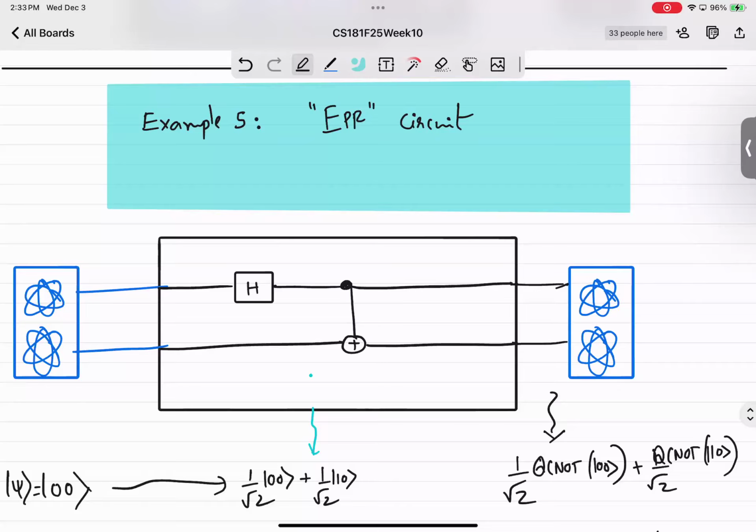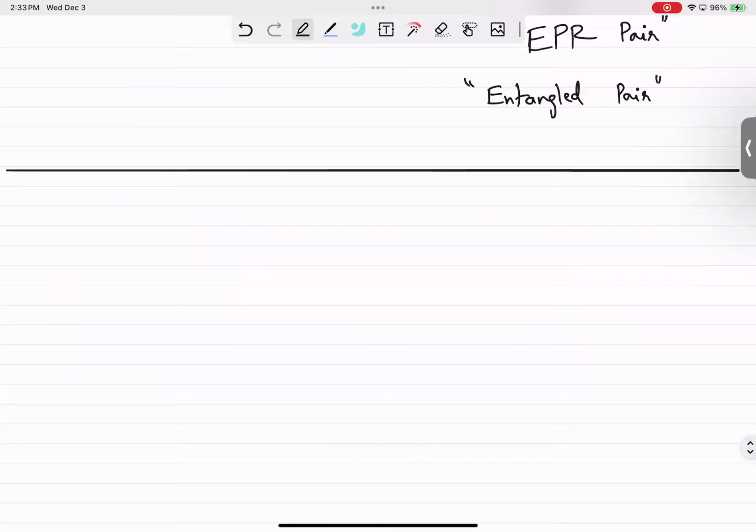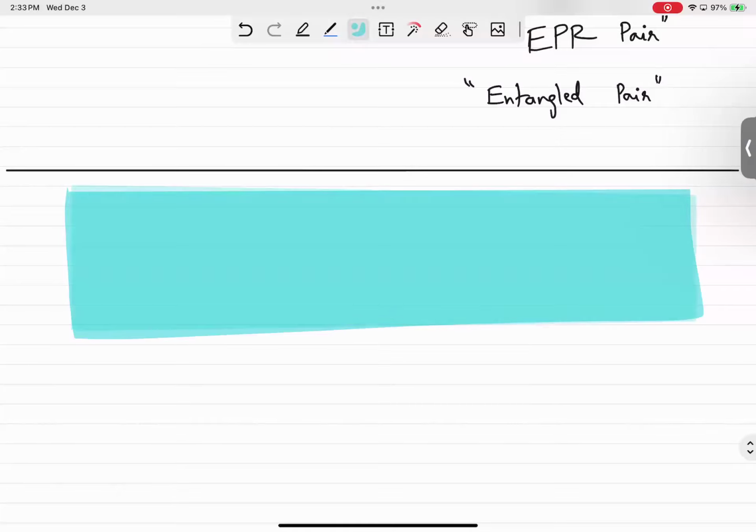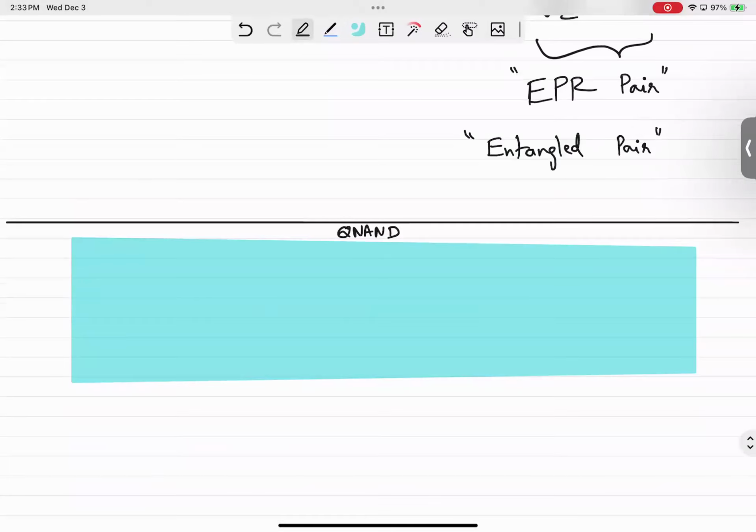Okay. The last gate we need before defining quantum circuits is none other than QNAND. Okay. So QNAND is basically a version of the NAND gate, but for the quantum world. Okay.